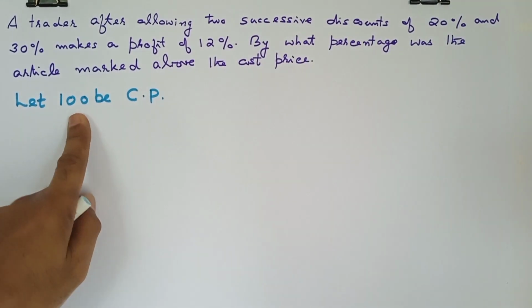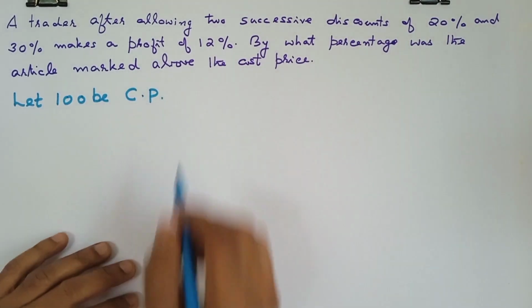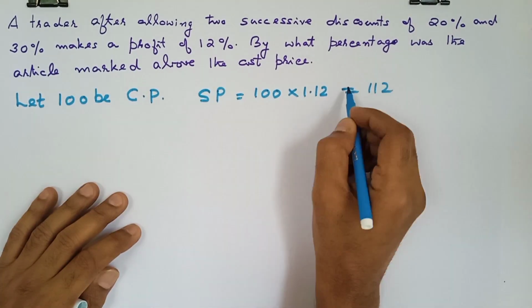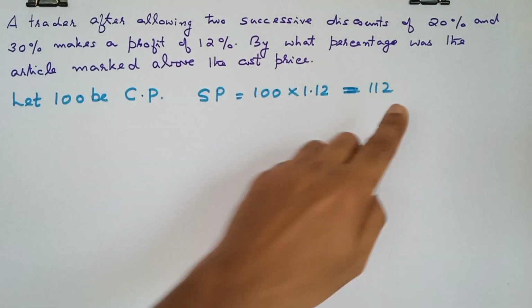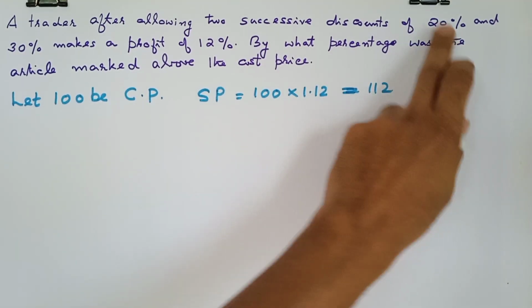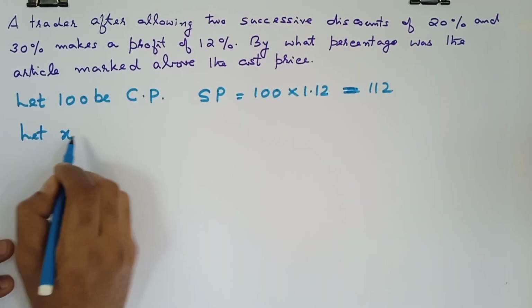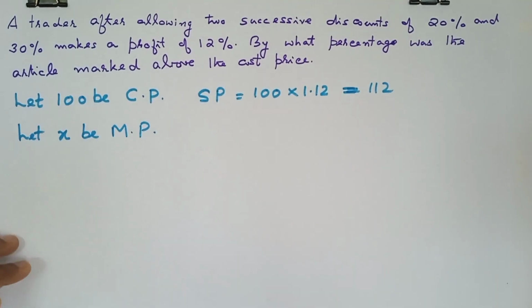If 100 is the cost price, the problem says he made a profit of 12%, then which is 112. Now this selling price he gets after allowing two discounts, 20% and 30%. Let X be marked price.